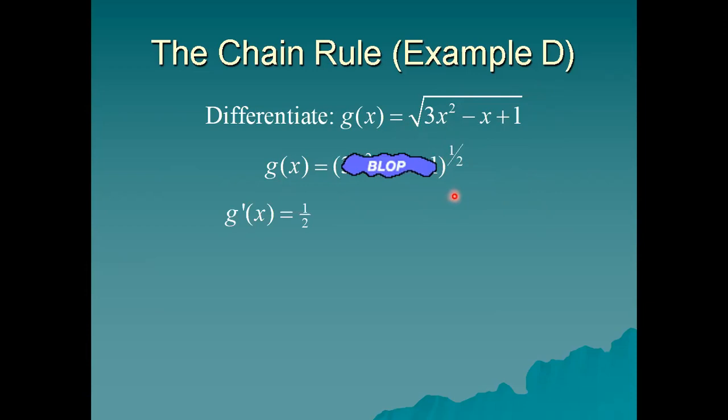After that, g prime of x is equal to 1/2 times the quantity, and then for the exponent, 1/2 minus 1 is equal to negative 1/2. And after that, we copy the inside: 3x squared minus x plus 1, times 6x minus 1, because 6x minus 1 is the derivative of 3x squared minus x plus 1.